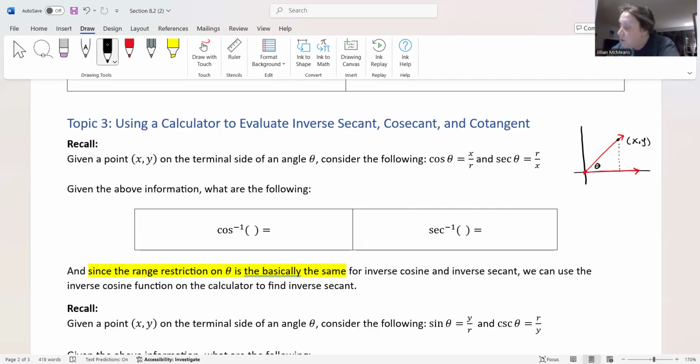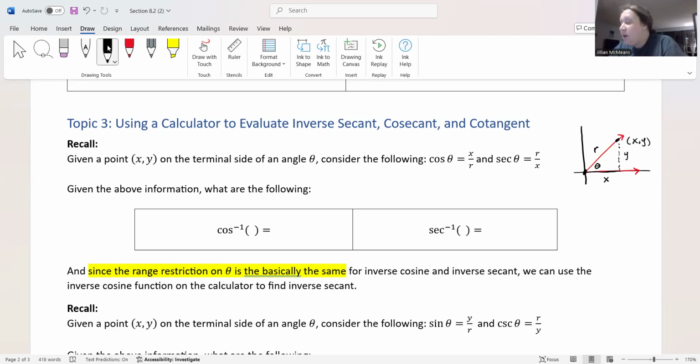The distance from the origin along the x-axis is just some x value. The distance between the terminal side and the initial side is some distance along the y-axis. And the distance from the origin to the point on the terminal side is r. That's how we labeled our angle theta.